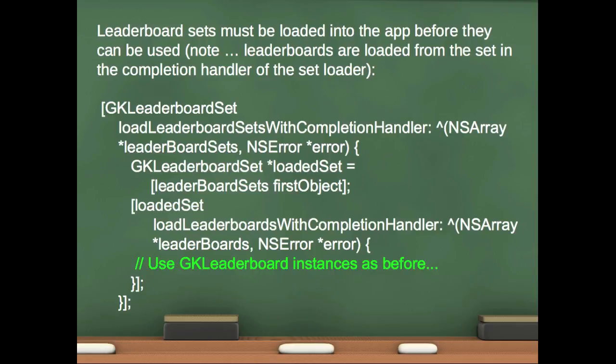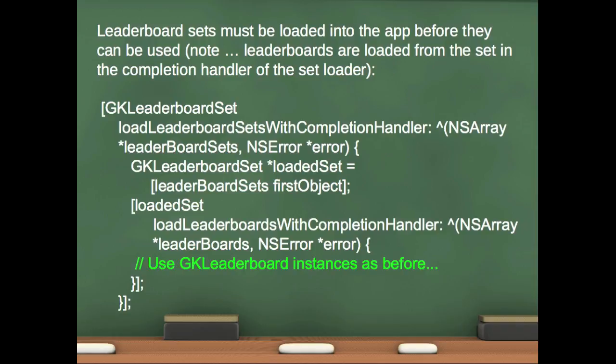And then from the loaded sets, we take the first object, for instance, out of the leaderboard sets. Now, we can take any object. We can get each object, because we're getting an array of leaderboard sets, and then we can handle each one of those in any way we want. Here we're just getting the first object.